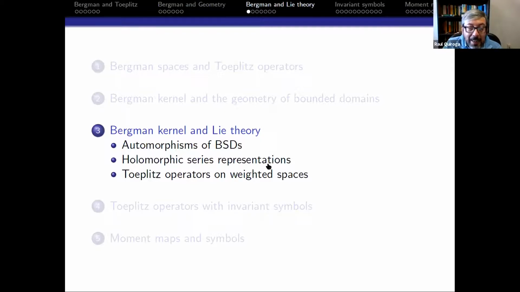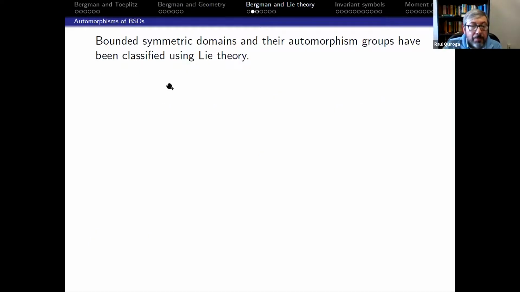There are nice representations, unitary representations, for these automorphisms. And finally, more about Toeplitz operators. Somehow in the sense that Nikolai considered, there are weighted Toeplitz operators, but not just for the unit ball, but for arbitrary bounded symmetric domains. So let me explain this.